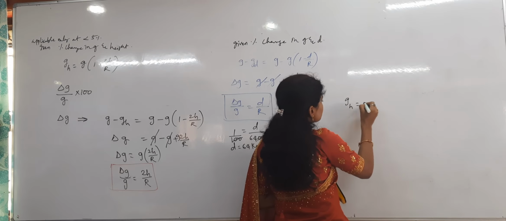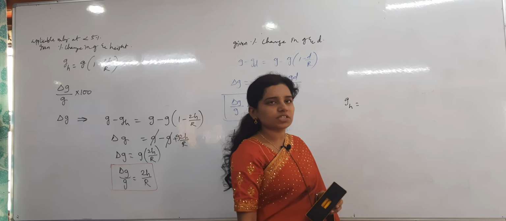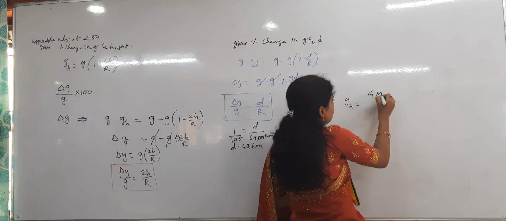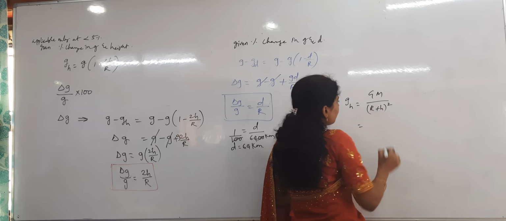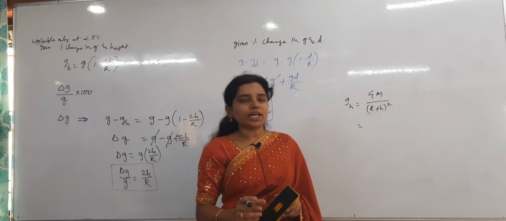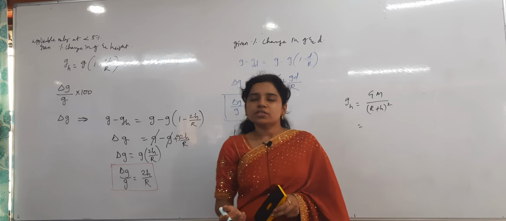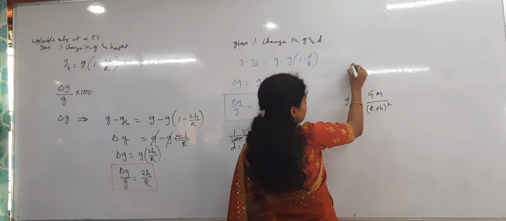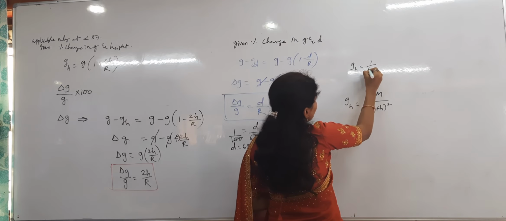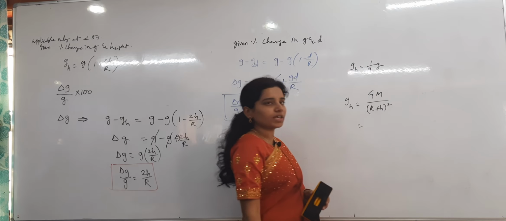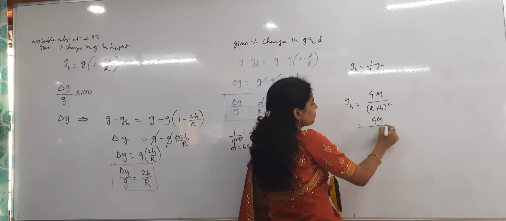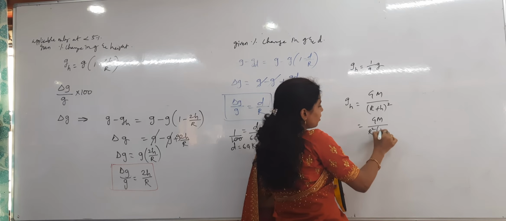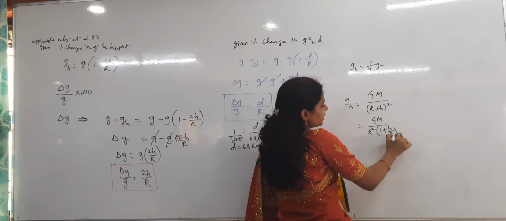See that, what is the basic formula of GH? GH is equal to GM by (R plus H) whole square, we got. And after that, they are saying at what height above the earth's surface the G value is becoming how much? GH is equal to 1 by 9 times the G value on the earth. So here GM, I want small g, nothing but what you have to do? Take R square common, what is remaining here? 1 plus H by R whole square.